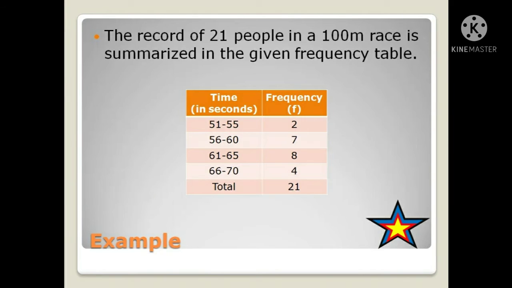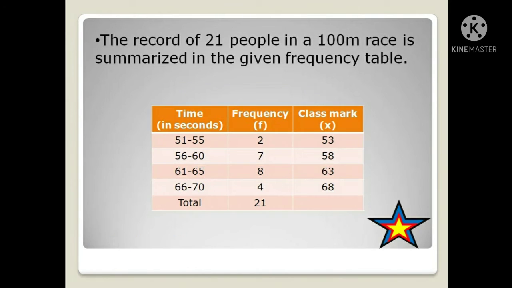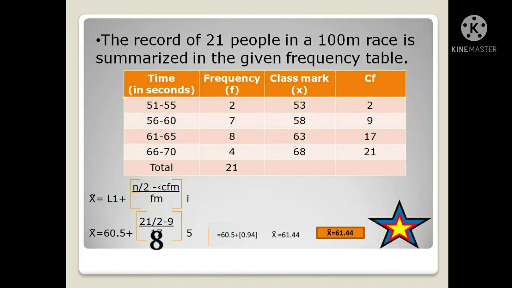Same example. Copy the time in seconds, frequency, and the class mark. And next, we must proceed to cumulative frequency or the CF. In finding the CF, copy the smallest frequency and next add the second frequency and so on.